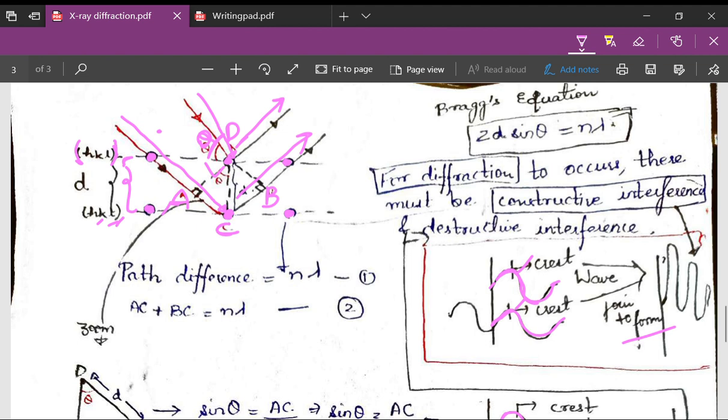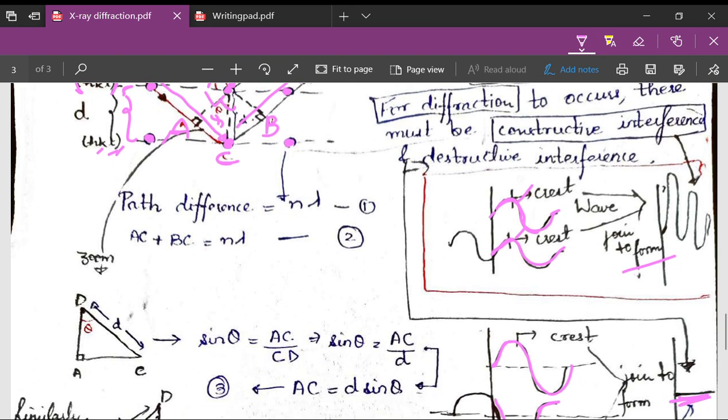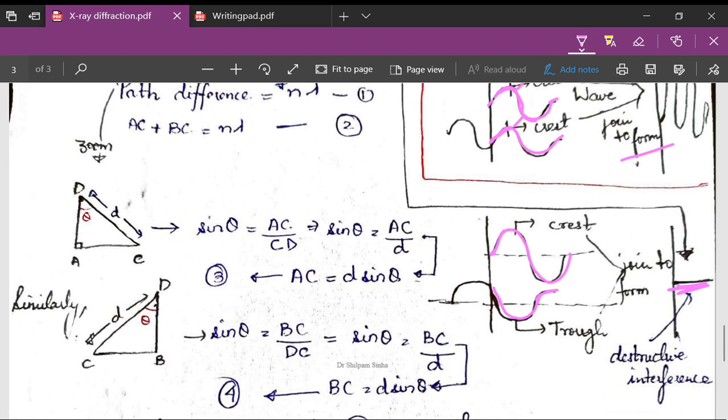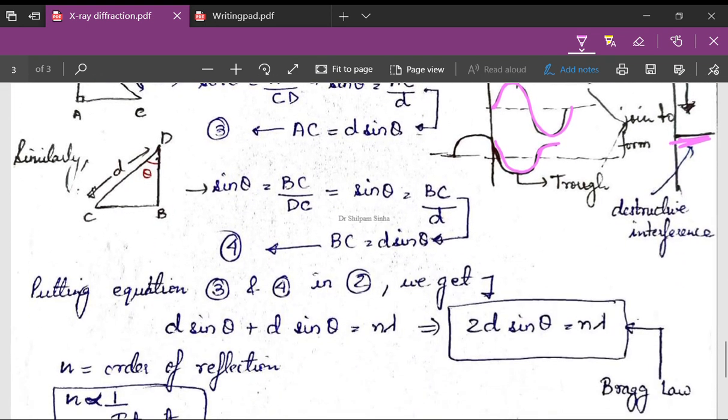This is also theta. In triangle ADC, sine theta will be AC by AD. So sine theta is equal to AC by D, and AC is equal to D sine theta. Similarly, BC is also equal to D sine theta.